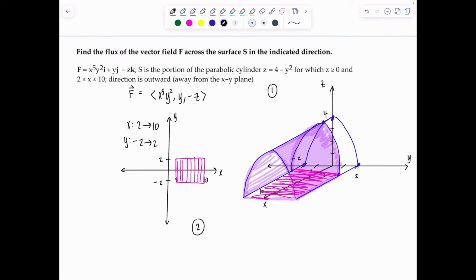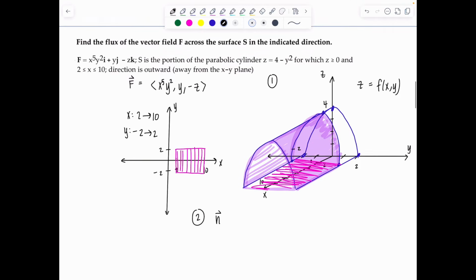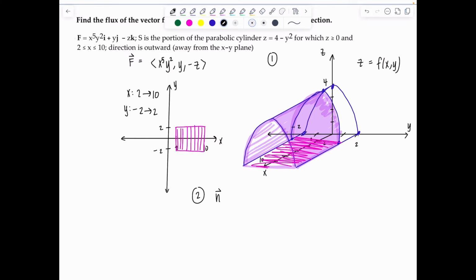Okay, so step 2. I need to determine n's orientation. We are integrating over the xy plane, which means my surface z is going to be treated as a function of x and y, which it already is. So for n, I have two options. This is always the case.